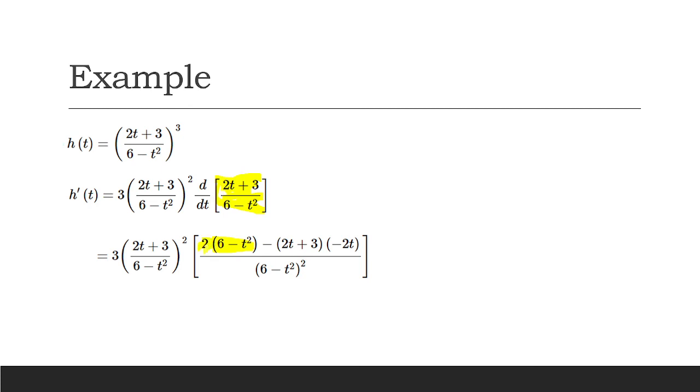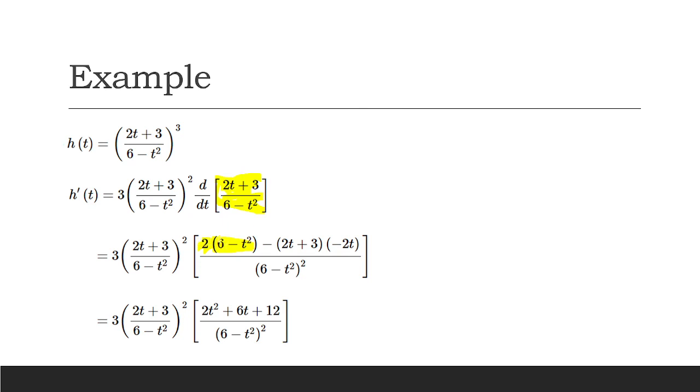That's our v du. Minus u dv. Ang u natin is 2t plus 3. Ang dv natin is the derivative of 6 minus t squared. So that's negative 2t, all over v squared, which is 6 minus t squared raised to 2. Ayan na. So simplifying this one, multiply lang natin to.